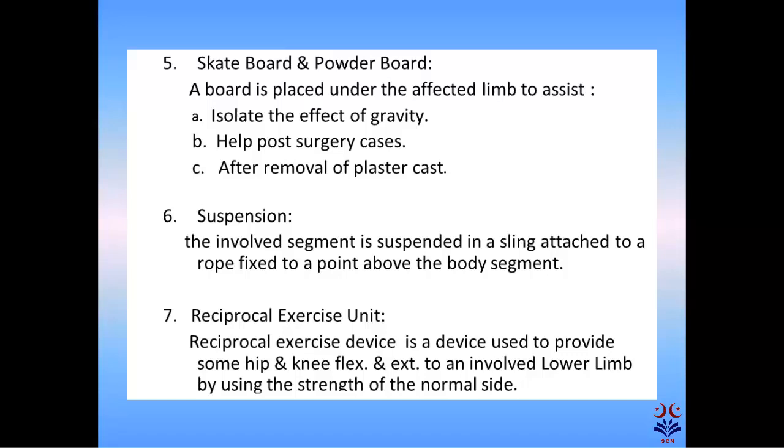There is no paralysis of the muscles, there is no pathology of the muscles, but due to the immobilization of that part, the muscles become weakened. So after the removal of that plaster cast, the patient is unable to complete his range of motion.